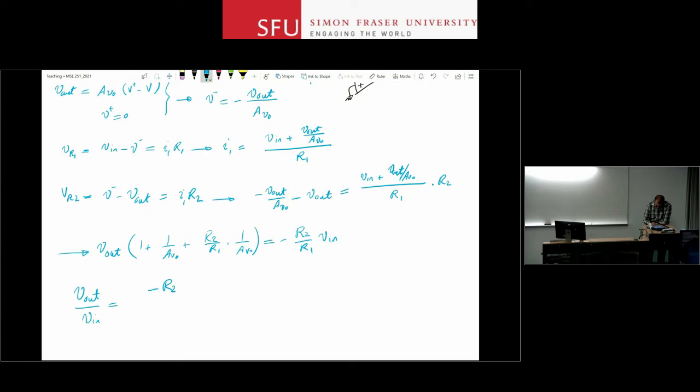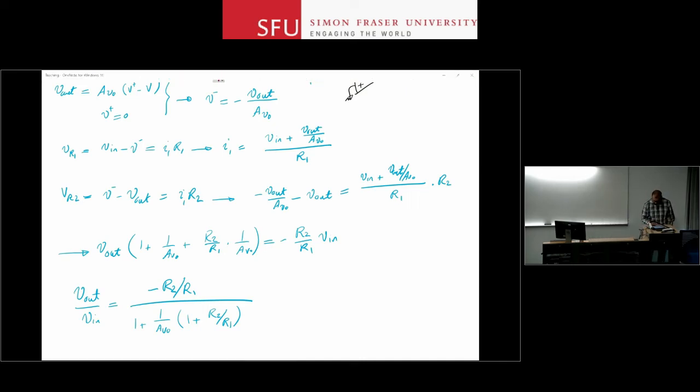So minus R2 over R1 divided by 1 plus, I'm going to factor out A V naught here, 1 plus R2 over R1 over A V naught. So this is my new gain expression if I have a finite open loop gain, or finite A V naught.